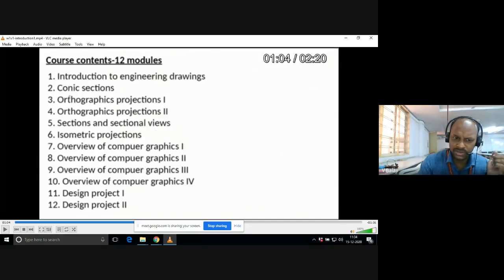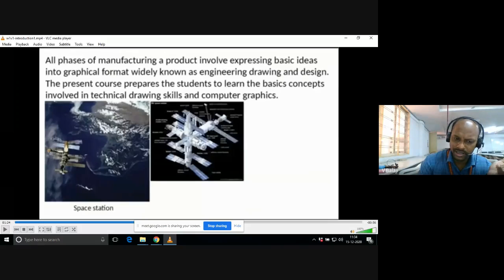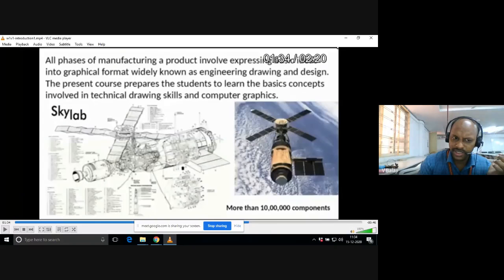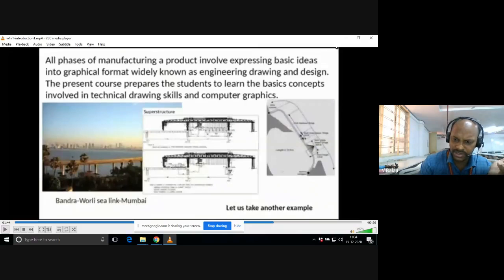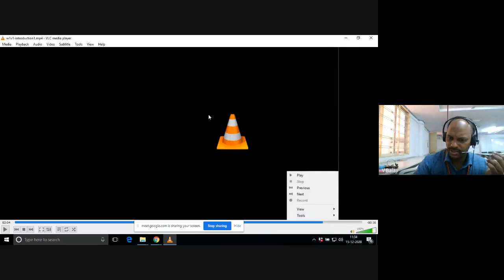These are the outcomes. We have also seen many applications like the space station, Skylab, bridges, wind farms, and many other things.